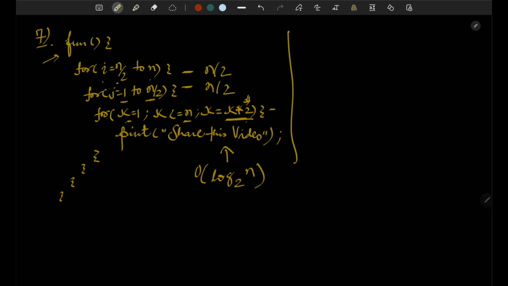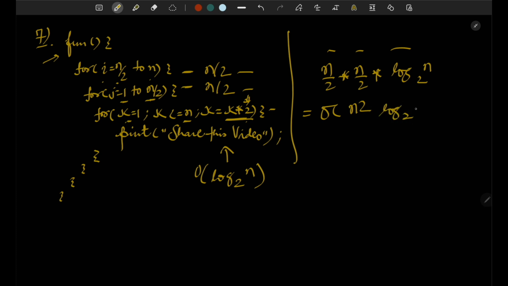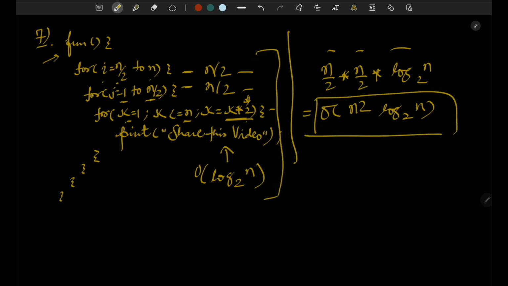And since we don't have any sort of dependency, we don't need to unroll the loops. Rather, we can just multiply these values, which is n by 2 multiplied by n by 2 multiplied by log n to the base 2. So when we multiply all these three, we have the running time complexity in terms of n square log n to the base 2. So this is going to be the runtime complexity for this code snippet.